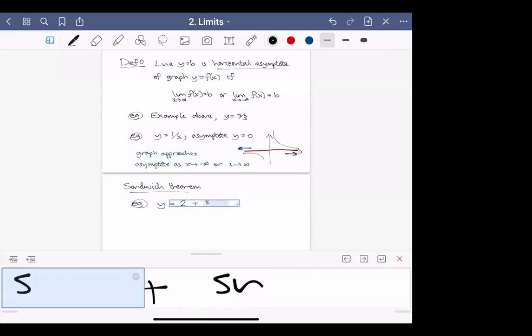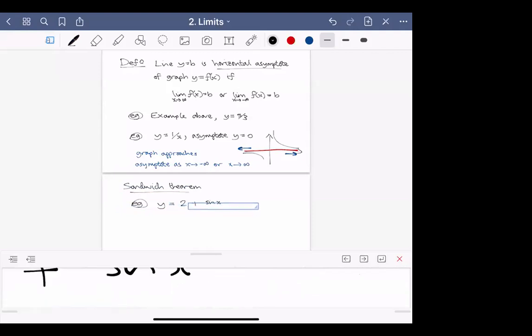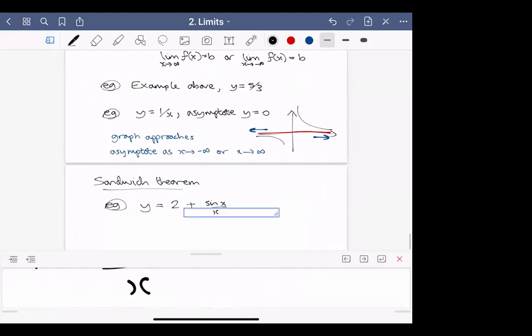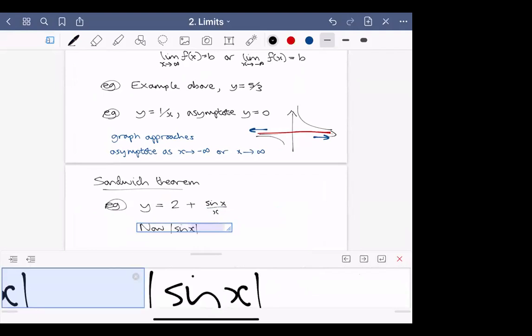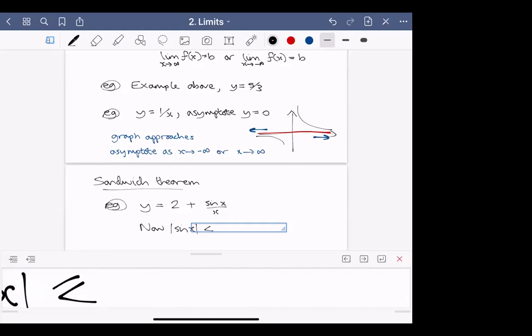Let's take y equals 2 plus sine x over x. Now we know that the absolute value of sine x is at most 1.